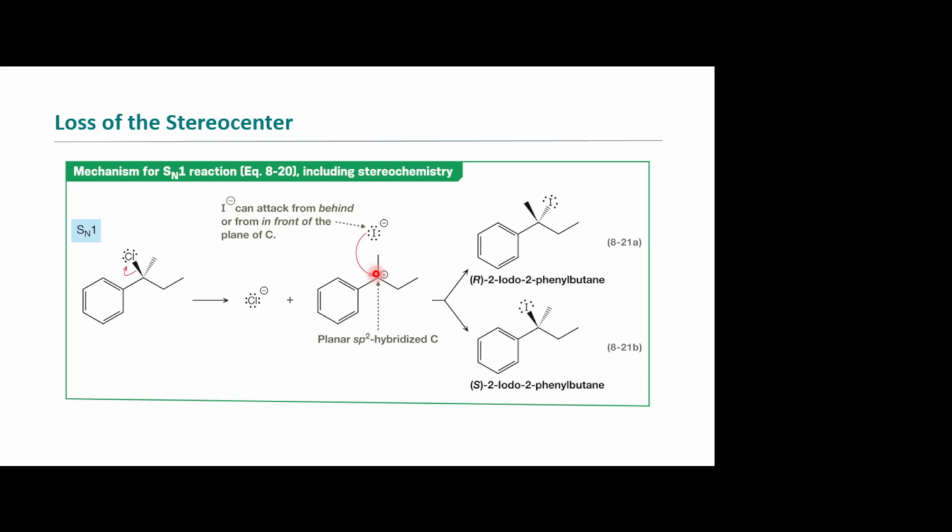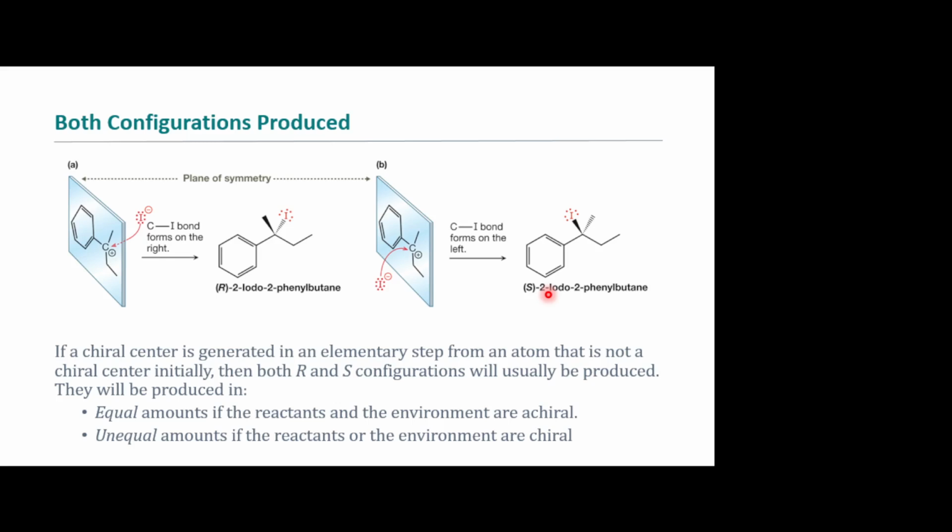It's an open p orbital on both sides, right? And so front, back, both attacks work, okay? And we get both options. So it's pure probability of is it going to attack from the front, is it going to attack from the back, okay? Backside, front side attacks, pure probability. In this case, it's probably very close to 50-50.